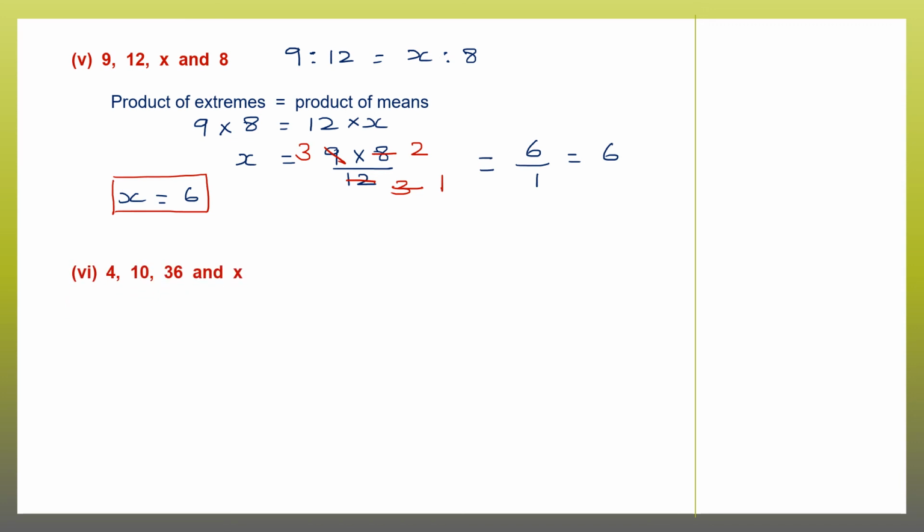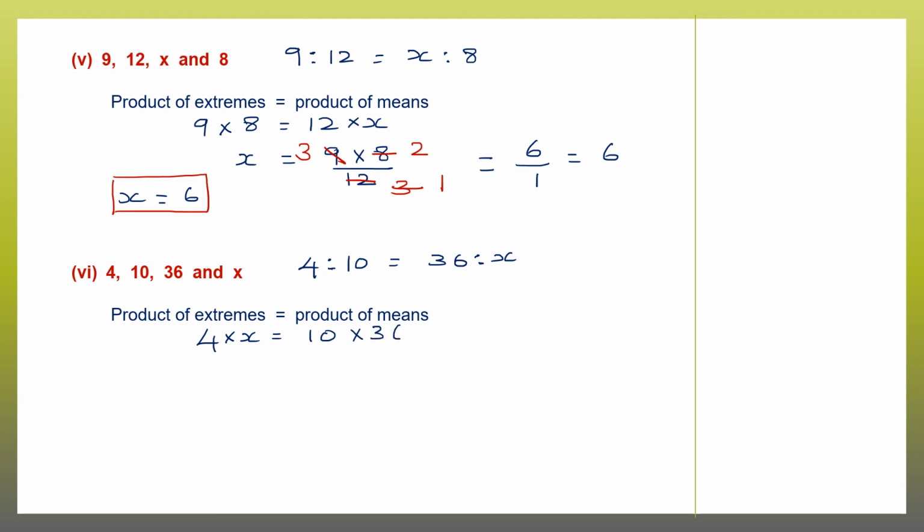Question 6. 4, 10, 36 and x. So let's get our fraction ratios. 4 is to 10 is equal to 36 is to x. Product of extremes equals product of means. So 4 into x equals 10 into 36.